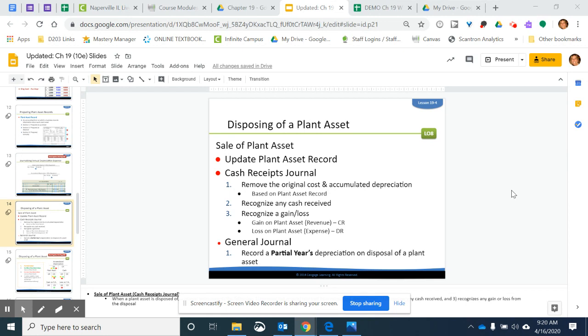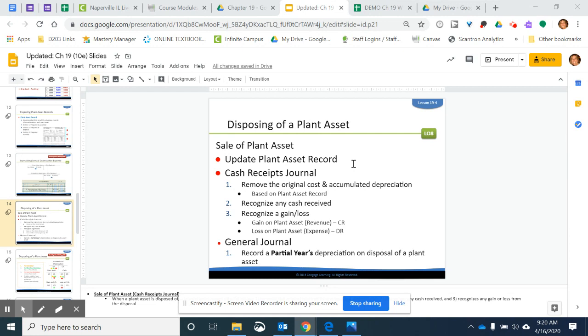Okay, so here's kind of the guidelines for taking into account the disposal of an asset. So you're going to update the plant asset record. We were doing that in the sheet in 19.3, so we are going to go back into 19.3 in just a moment. We're going to be hitting that up, but most of our work is going to be done in 19.4.